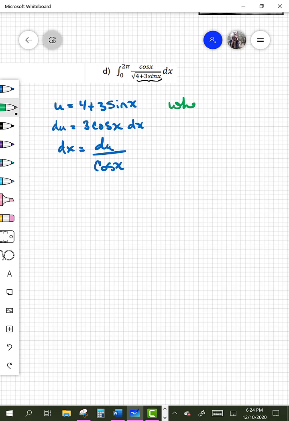So when x is equal to 0, let's find u. u is equal to 4 plus 3 sine of 0. Well, sine of 0 is 0, so we get that u, when x is 0, is equal to 4.